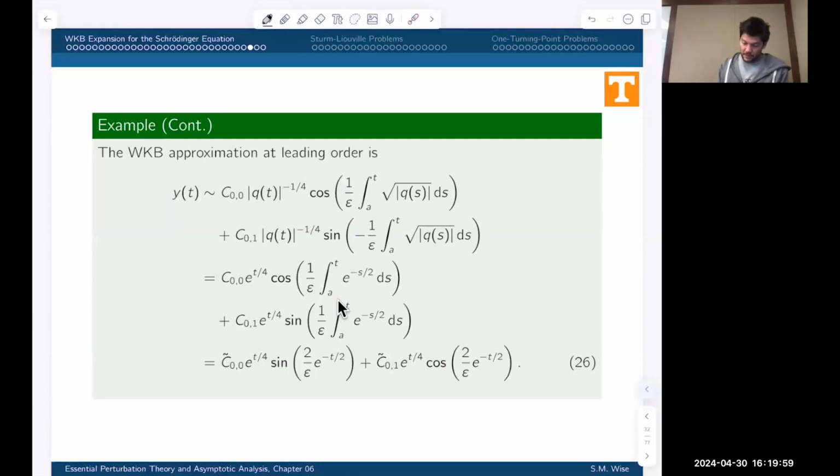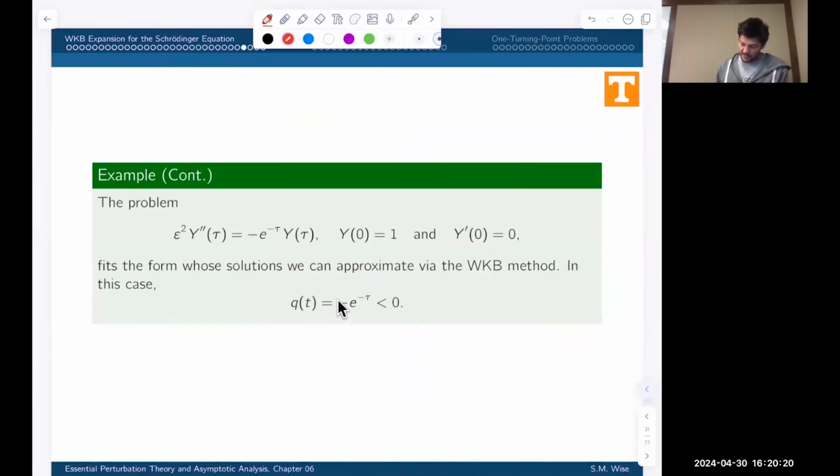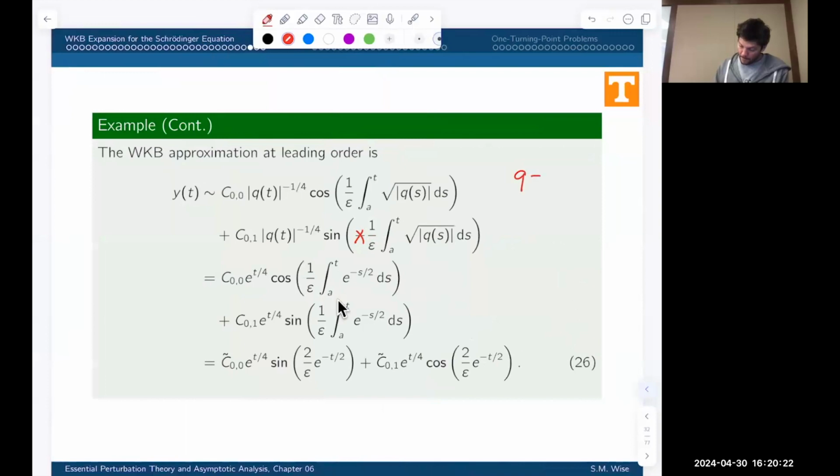And this is a typo here. There's no minus sign. I hope I fixed that in the lecture notes, but if not, I will. I think I did. Just missed it here in the slides. So we know what Q is. What did I say Q was? It's minus e to the minus tau.